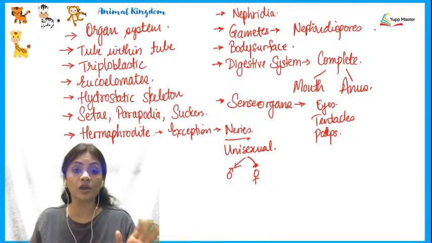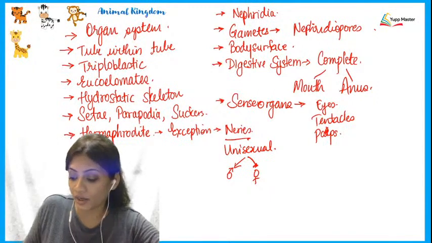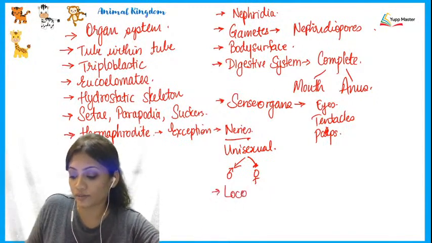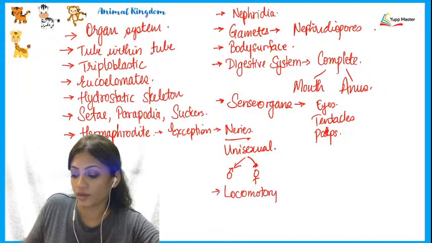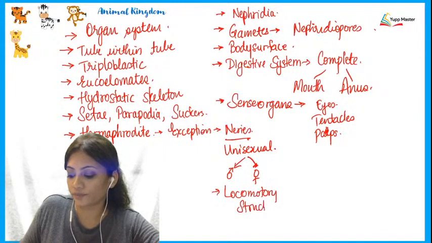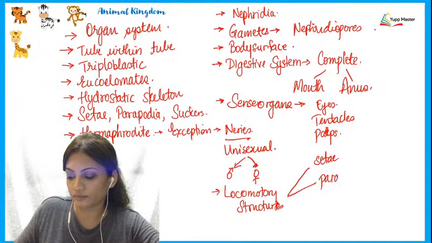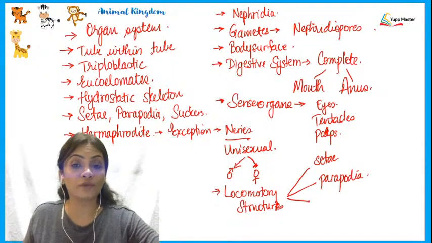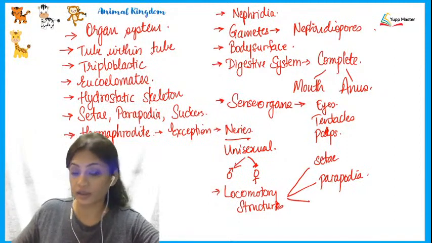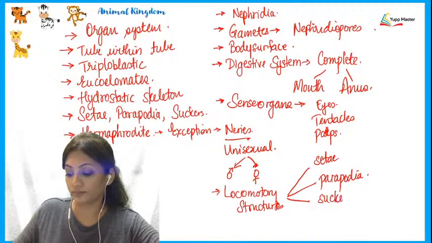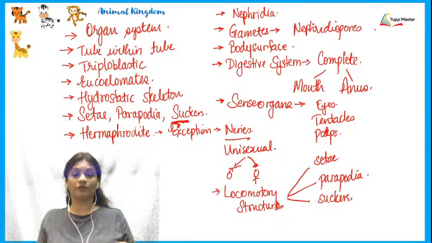Remember the locomotory structures? First they were the setae, second the parapodia, and when we spoke about leeches, we had the suckers, which we just spoke about.